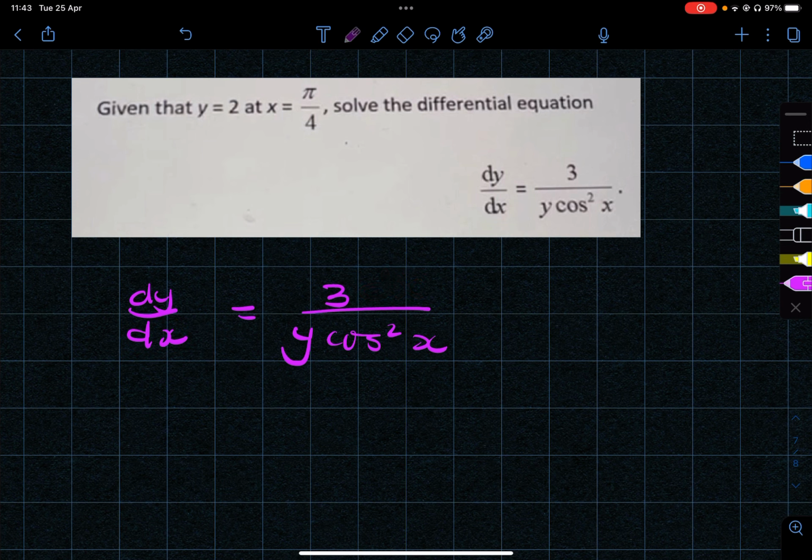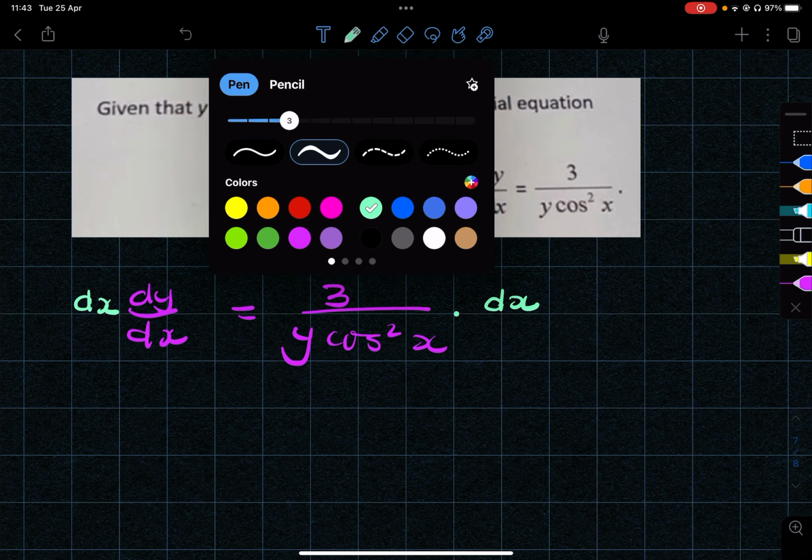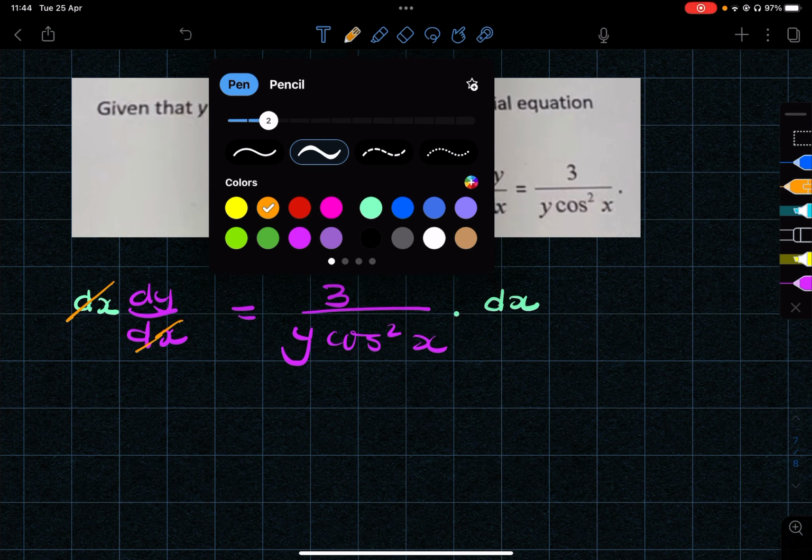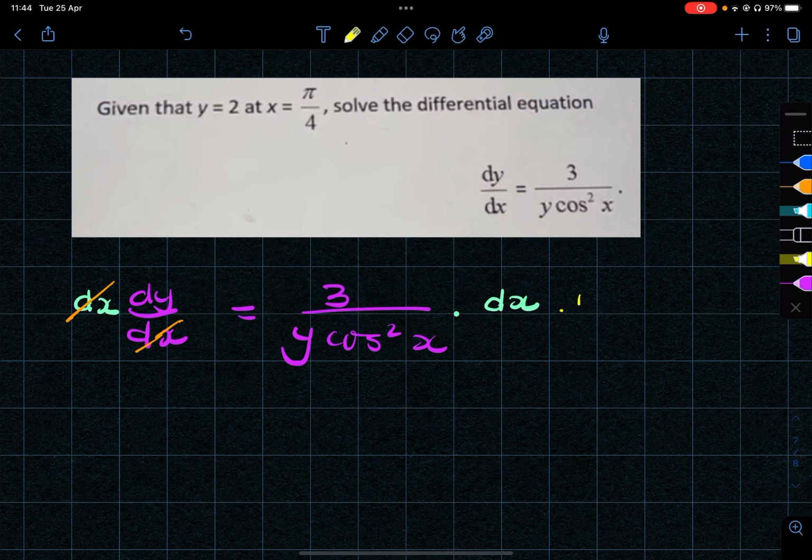So what we do is we can multiply both sides by dx. So that will remove that from there. And then we can multiply both sides by y. And that will remove this y from here.